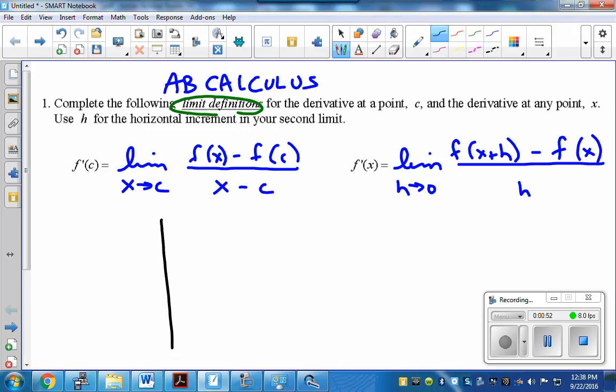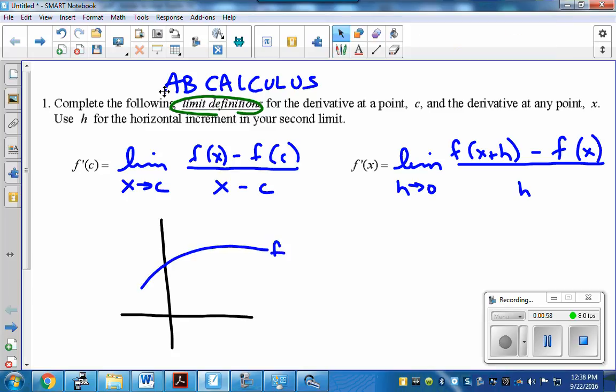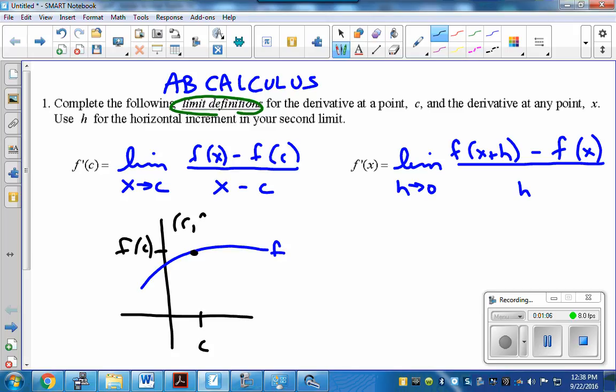Picture-wise, if we can just think of a graph of a function f, and we have a point, this is c and f of c, so that's the ordered pair, c comma f of c, and another nearby point, x, now is going to be a variable.